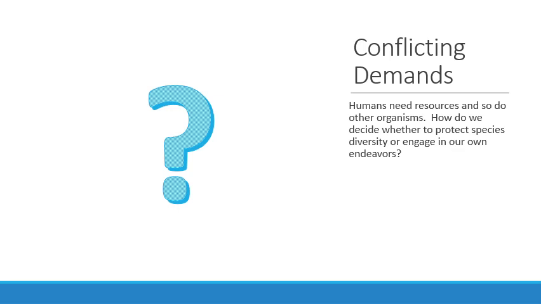So we have conflicting demands. How do you balance human needs versus biodiversity needs? That's hard to do. You're not going to win the fight of protecting everything. So you have to find those areas that are most critical to protecting biodiversity and focus on them.